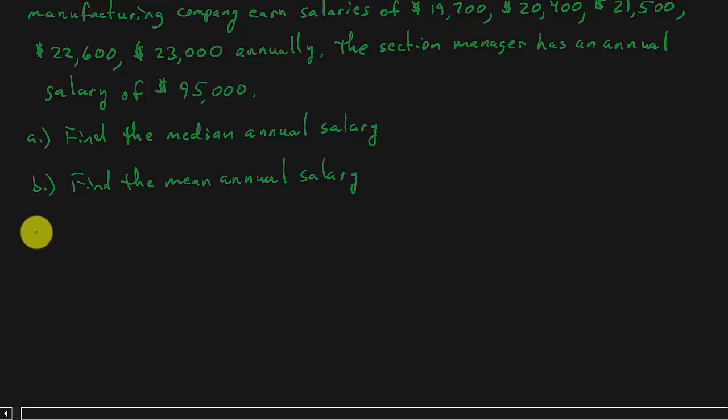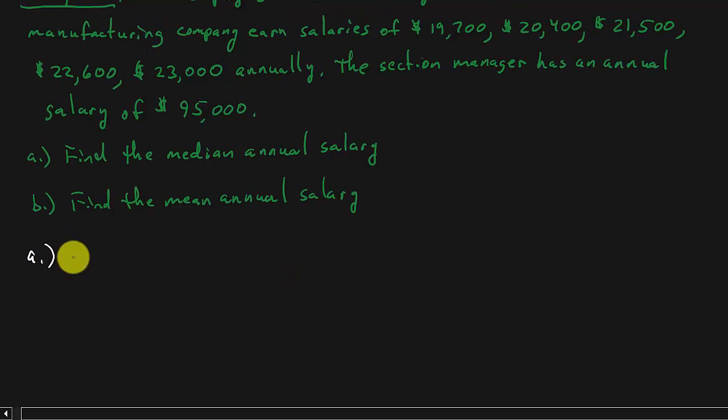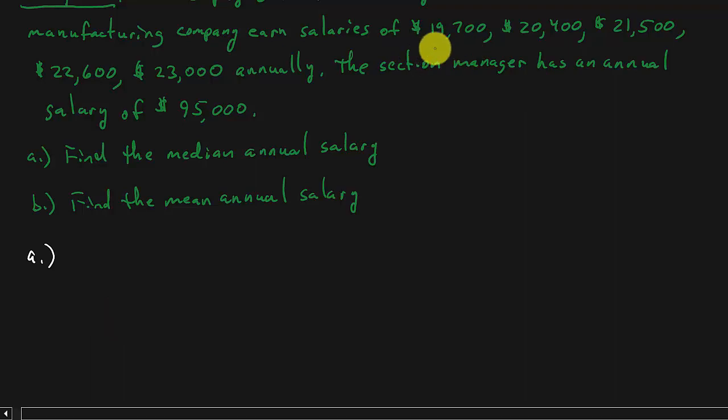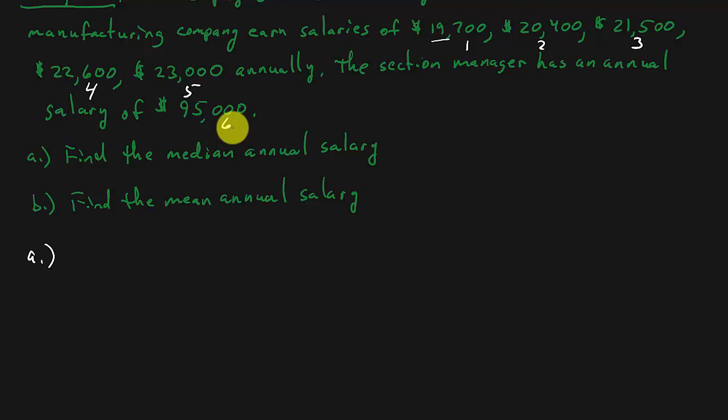So for part A, I'm just going to add them all up. So the mean, oh no, part A wants the median, doesn't it? So let's see, there's 6 values, right? Let's put 1, 2, 3, 4, 5, and then this 6th one. So first thing we need to do is list them in order from smallest to largest to find the median.